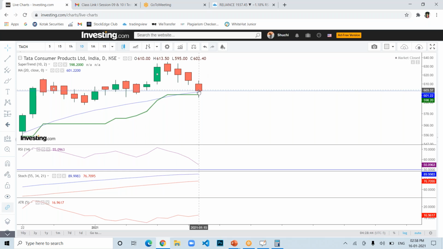What you could do is put a stricter stop loss if required. You can't really do much about it, Aditya.